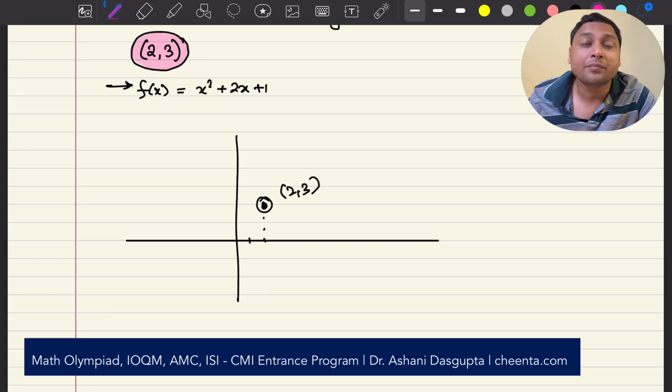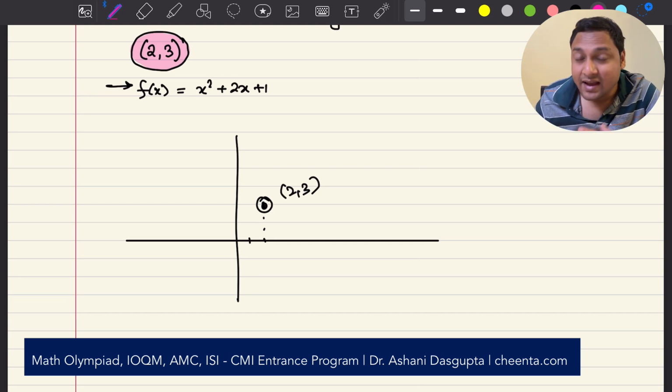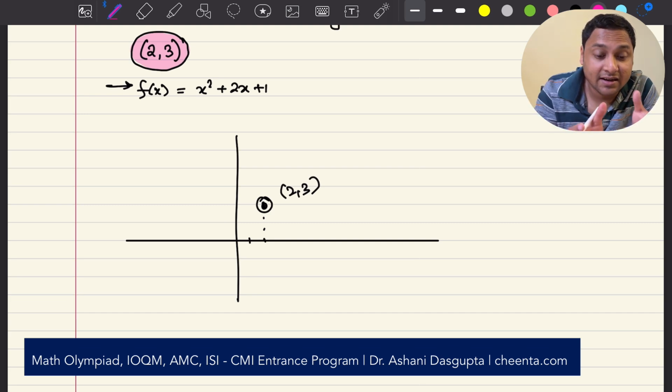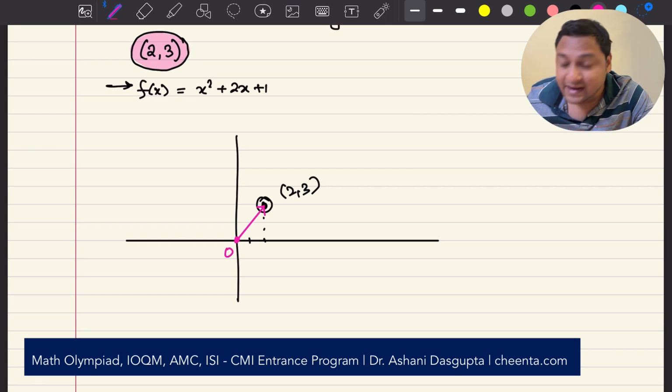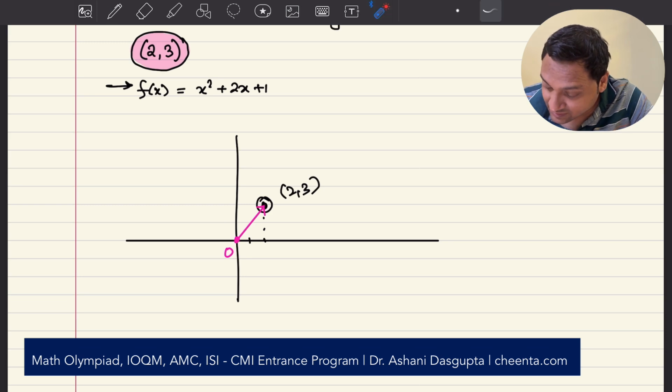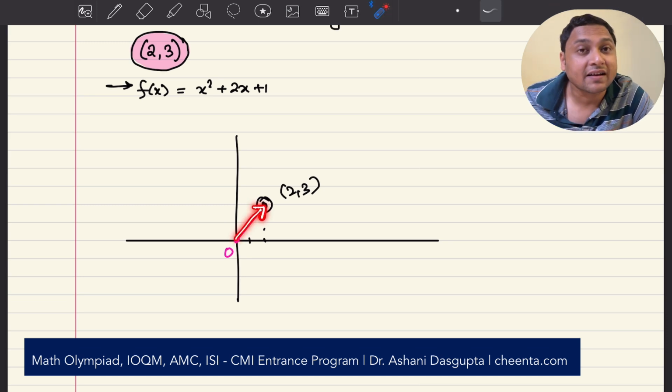We can think of the point 2, 3 as all the information that it encapsulates, and that is this arrow starting at the origin and ending at 2, 3, and this arrow has a direction, it's pointing in a particular direction. It also has a magnitude.